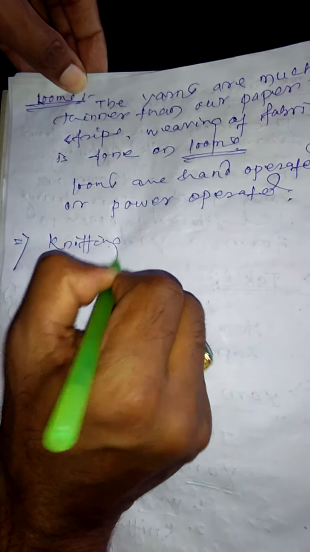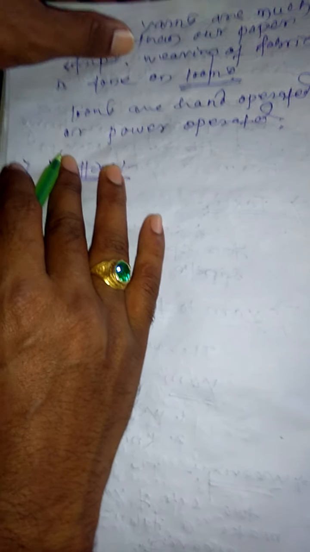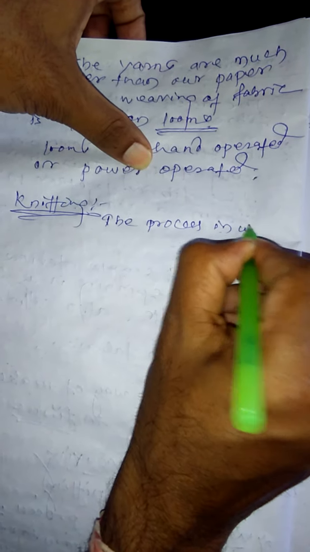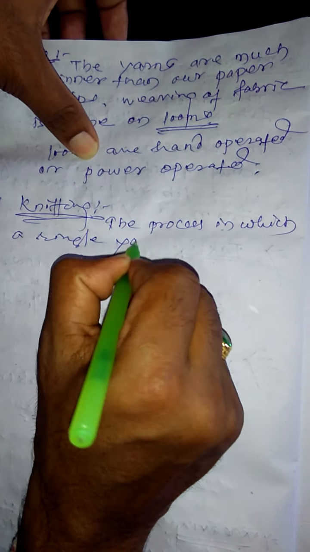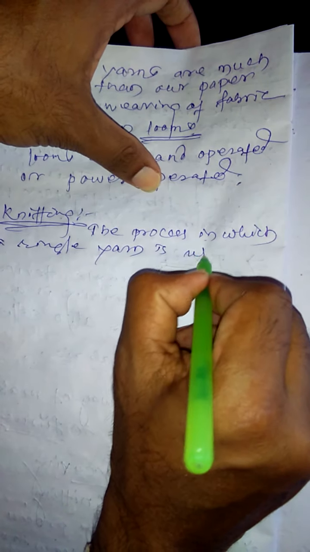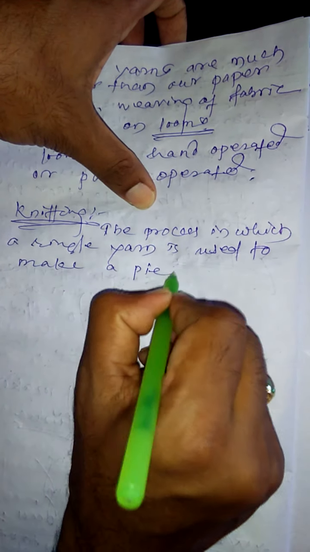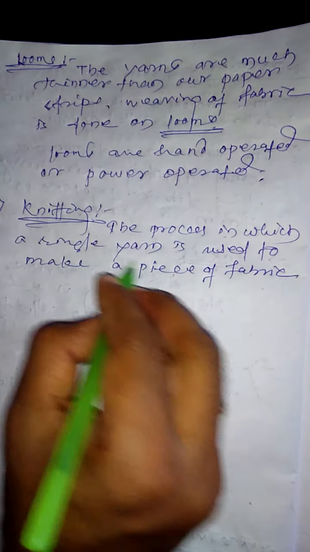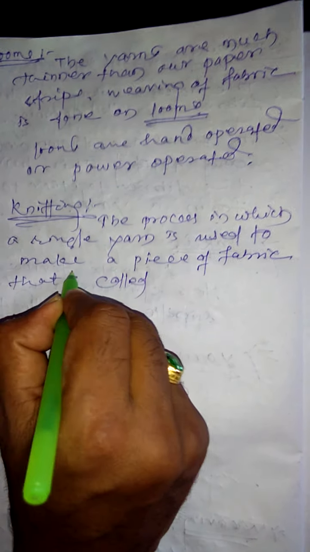Another point we are going to discuss is knitting. The process in which a single yarn is used to make a piece of fabric is called knitting.